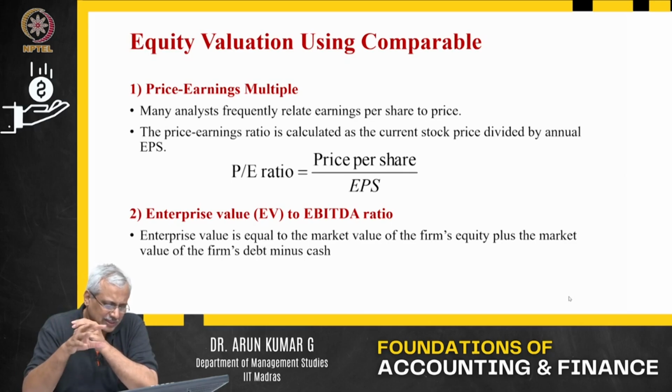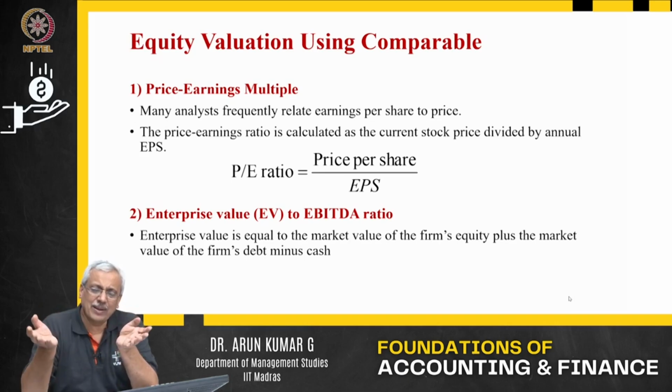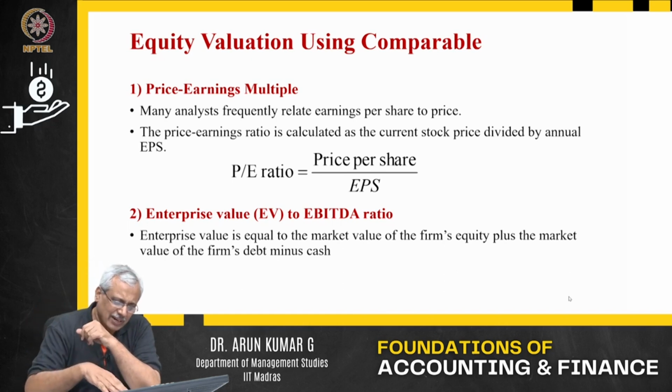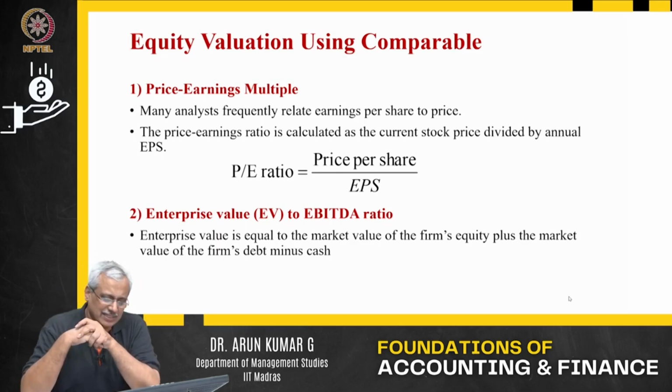That will give you the enterprise value. How many times is the enterprise value to EBITDA? Earnings before interest, tax, depreciation, amortization. Why D&A? Depreciation is a non-cash outflow, amortization is a non-cash expenditure. So earnings before interest, tax, depreciation and amortization.